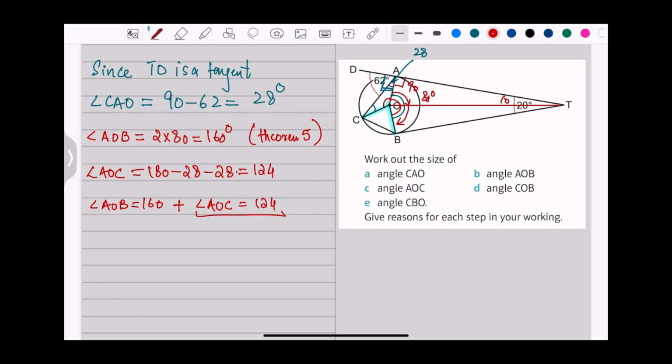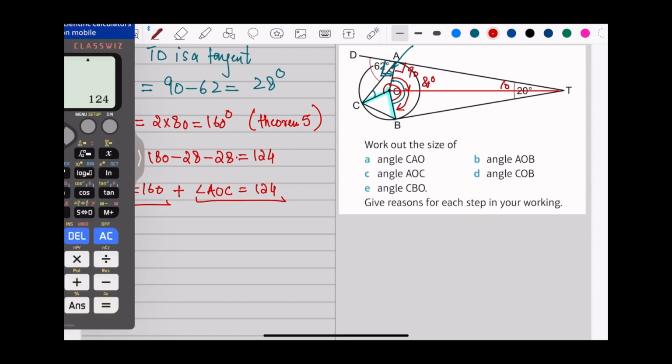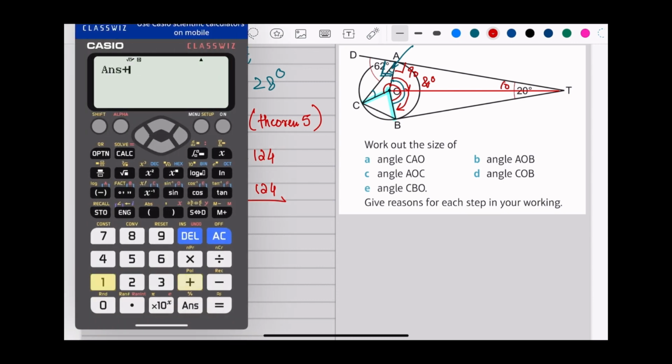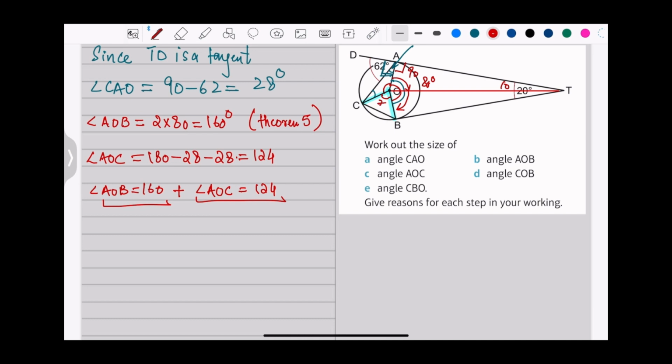I add both of them and subtract from 360. So this angle is 76.